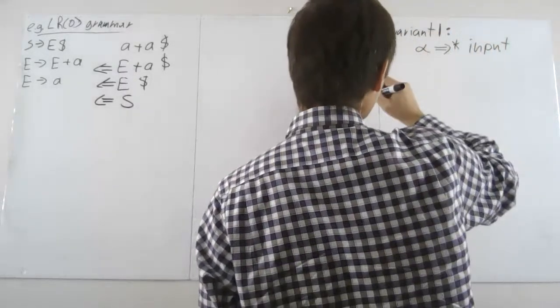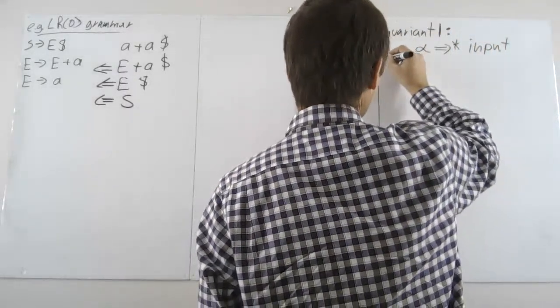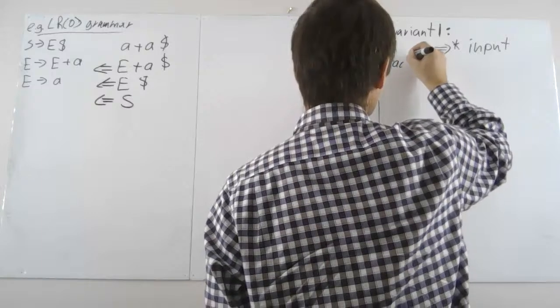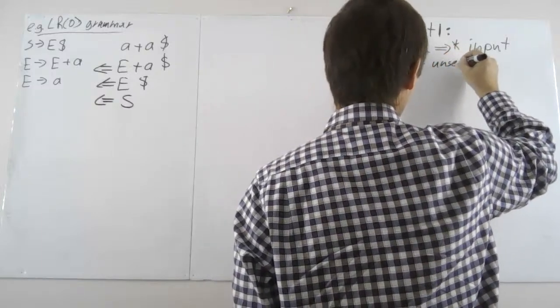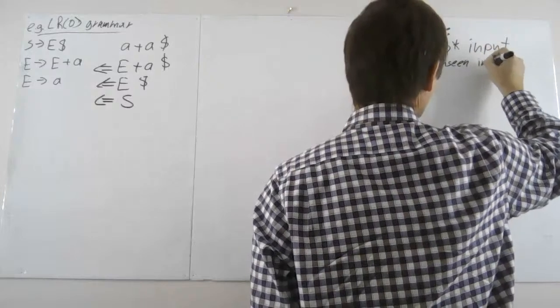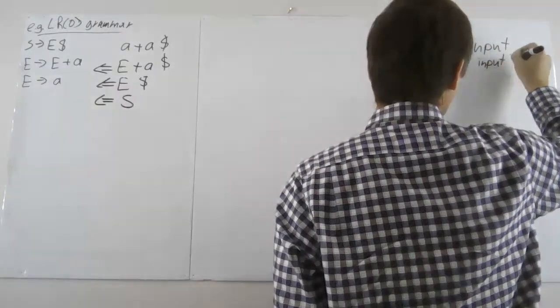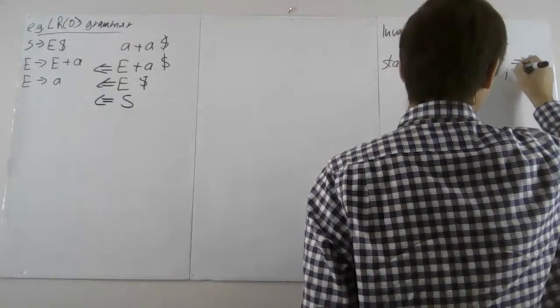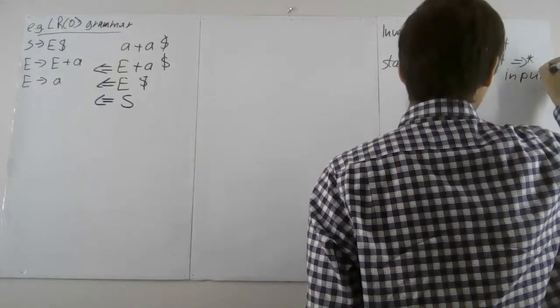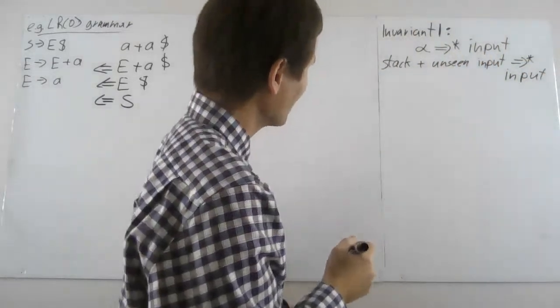Okay, so I can rewrite this invariant to say that the stack plus the unseen input derives the whole input.